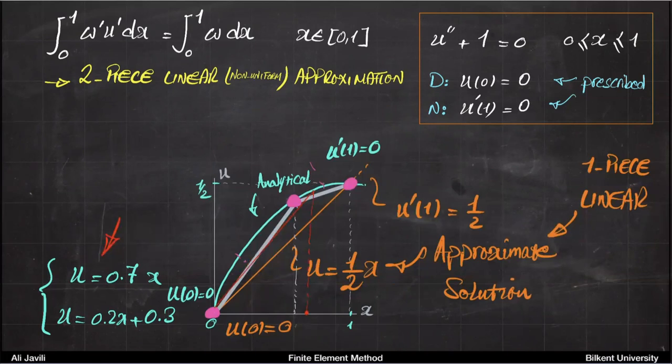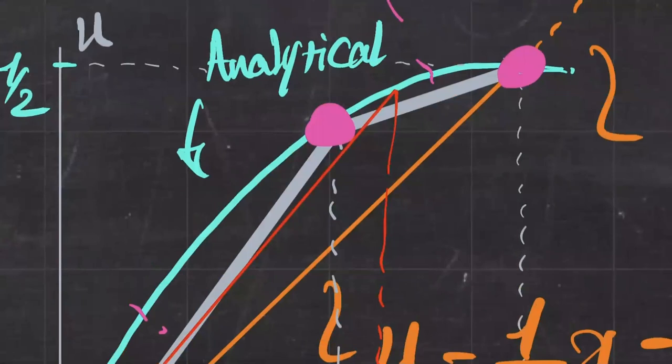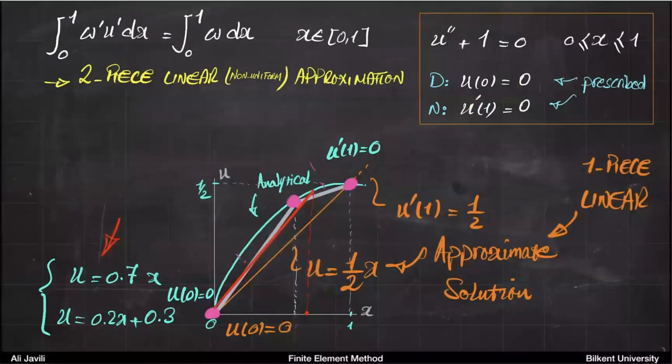Again, it would be a line that hits the first point, the Dirichlet condition. It hits the analytical solution at 0.6, and then it has this additional piece, which is another line with a much smaller slope. The slope of this one is 0.2.